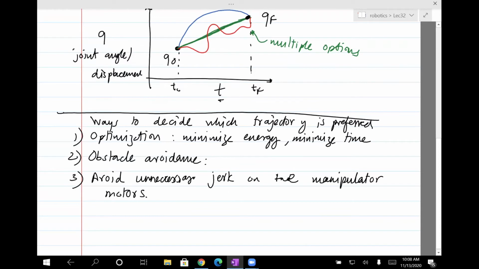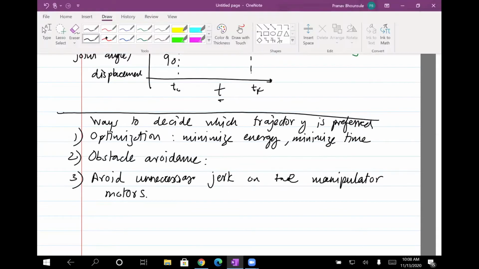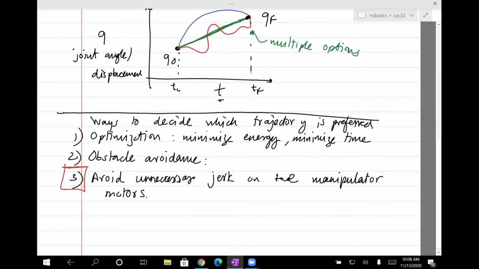Okay, so that's what we are going to focus on, and so let me underline that. Okay, so let me get into more details what I mean by jerking or unnecessarily loading the manipulator motors.